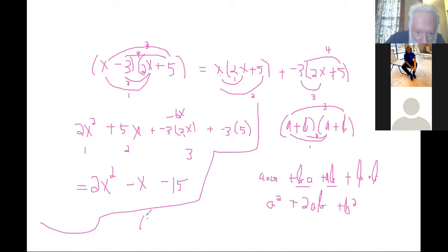So if we had something like 3x plus 2 squared, that's my a, and that's my b. And the formula tells me, square the first, square the second, and then you multiply them together and times 2.